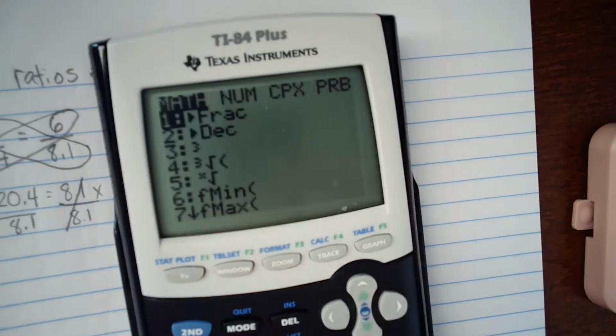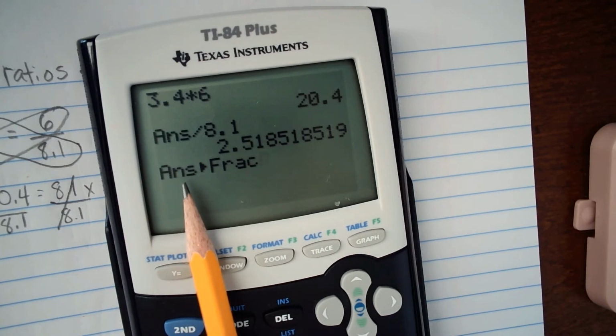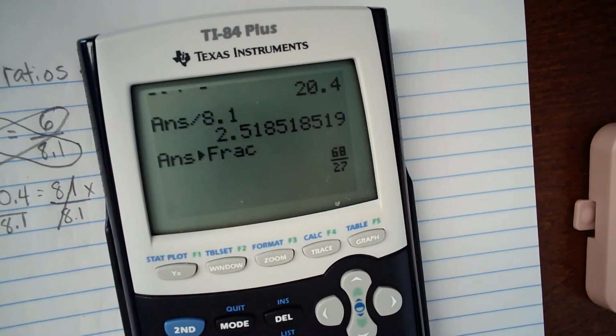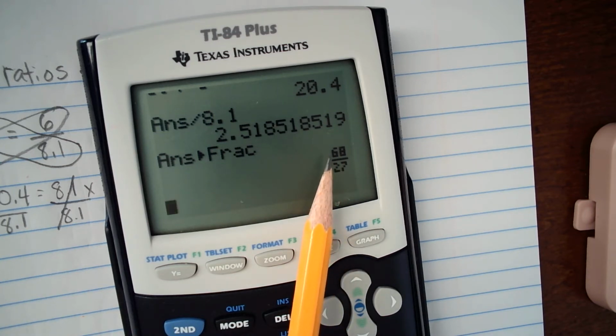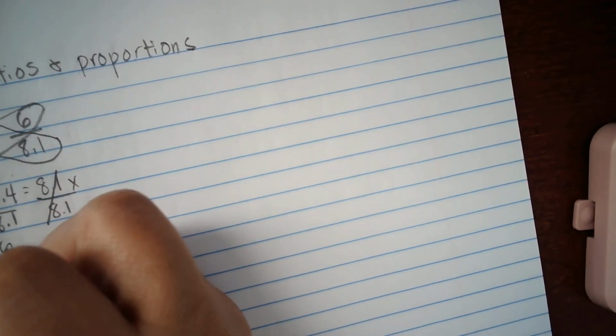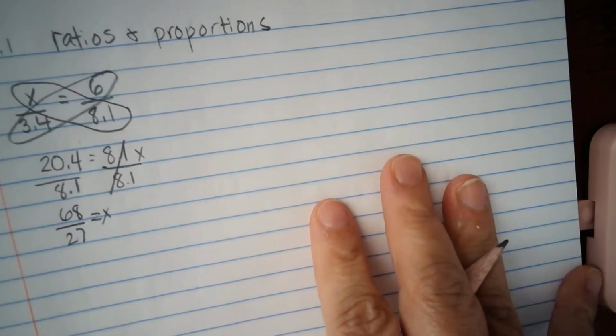You hit math, and then go to fraction. If you hit enter, it's going to take your answer that you just got and make it into a fraction. Hit enter again to actually make the calculator do it for you. And the fraction is 68 over 27. So 68 over 27 is the value of x.